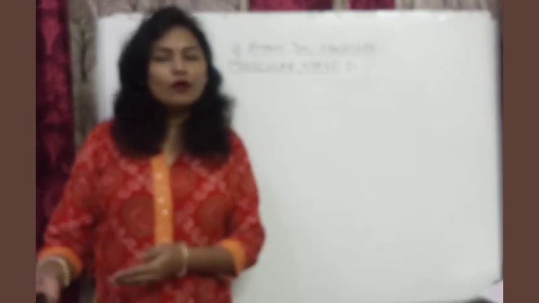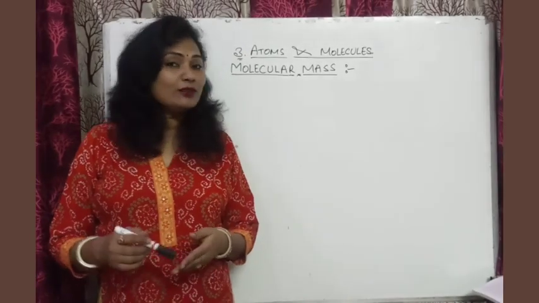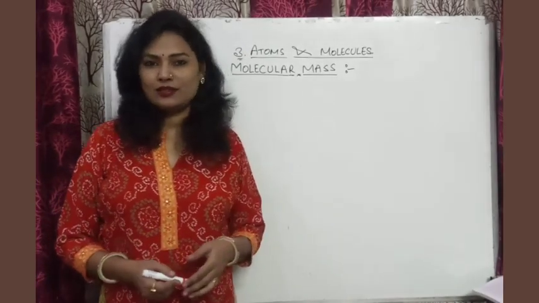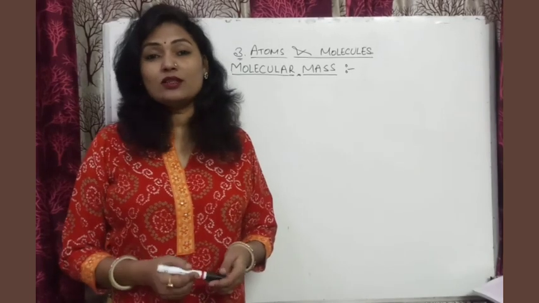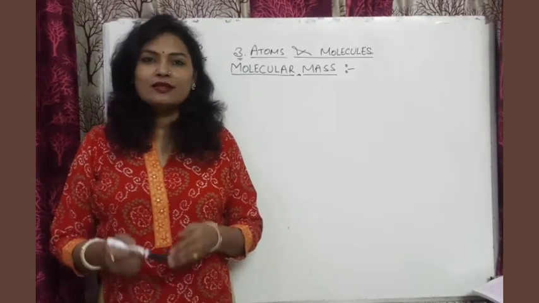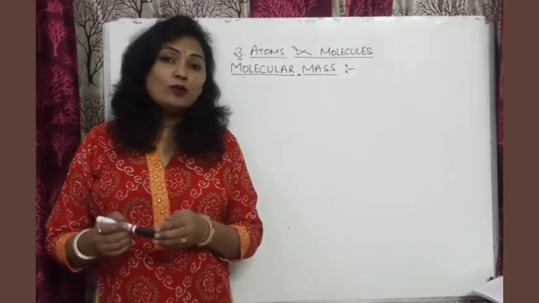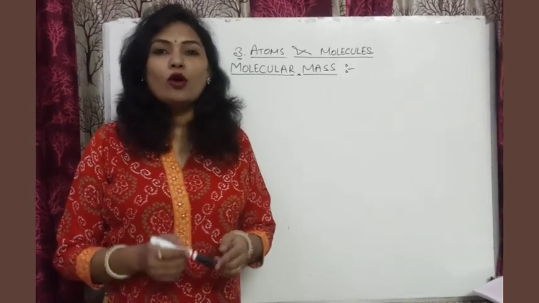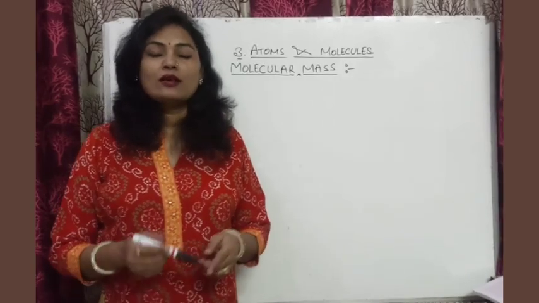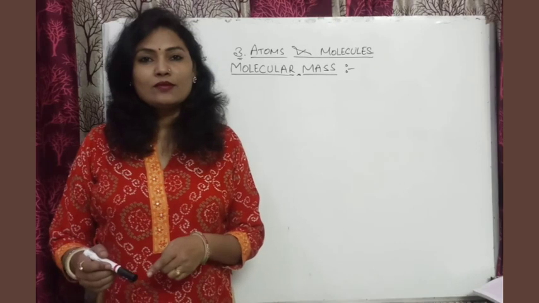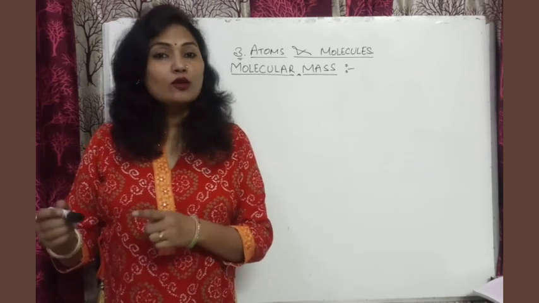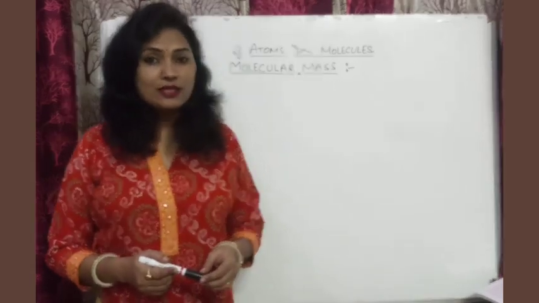If anybody is aware of the molecular formula, then we can calculate the molecular mass of that substance. What is molecular mass? Actually, molecular mass is equal to the sum of all the atomic masses of all atoms of the molecule of the substance.